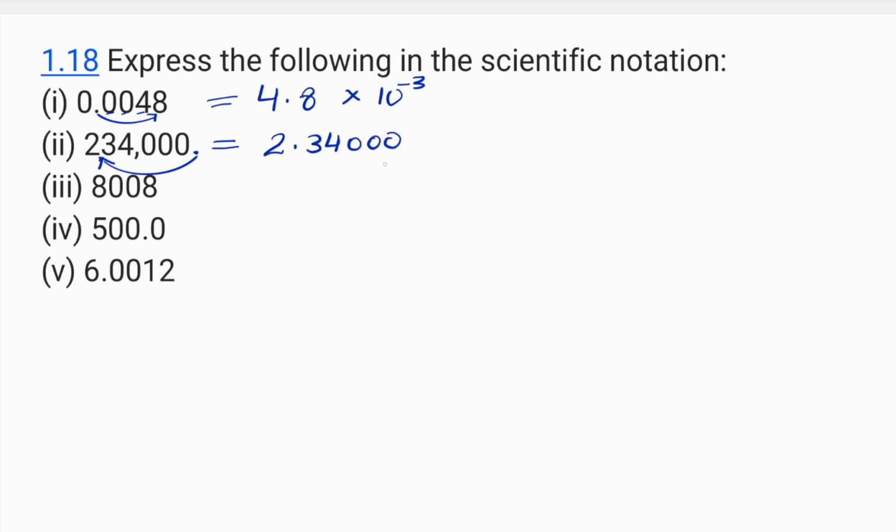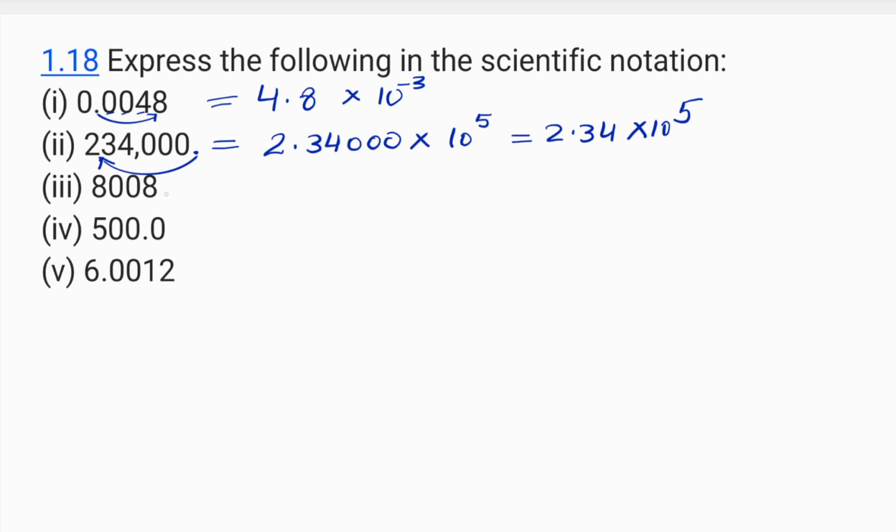You can omit writing the zeros also, that is not a problem. When we are shifting this decimal, we should once again count 1 2 3 4 5. We are shifting the decimal to the left hand side, so obviously the power will be positive, 10 to the power 5. It can be written as 2.34 into 10 to the power 5. All right, so this is what its scientific notation is.